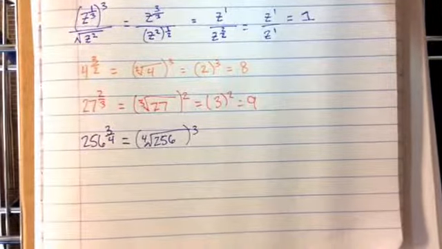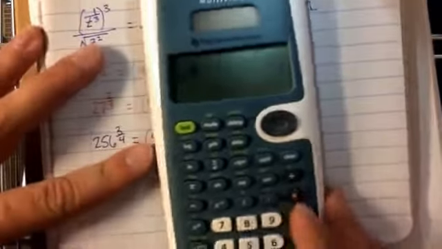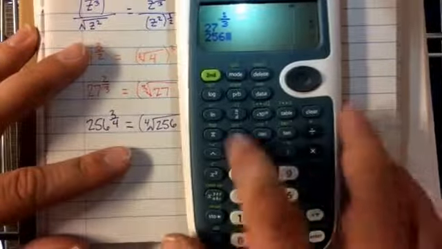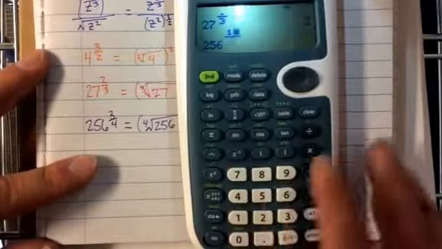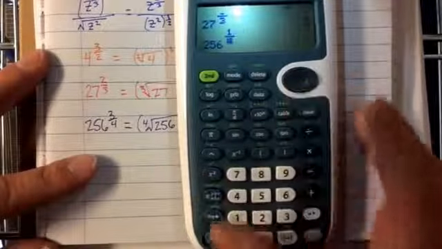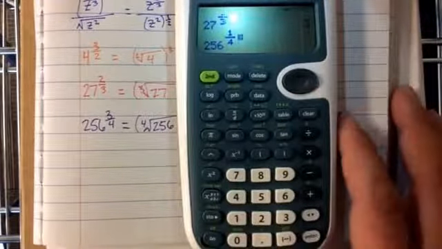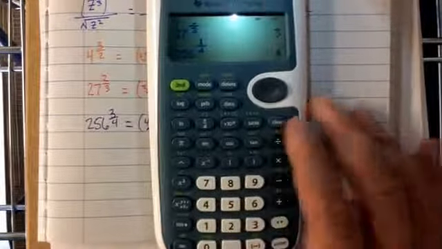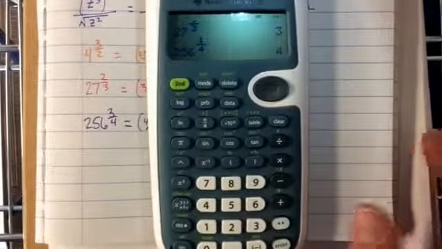So, if we don't know the 4th root of 256, what can we do? We can go to our calculators, put 256 in, use our caret to the 1/4 power. That's the 4th root of 256, right? That gives us 4.